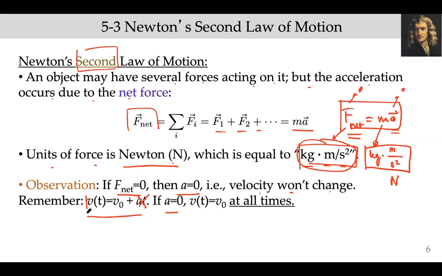So what's left is only this part. So if acceleration is zero, that means whatever the initial velocity is, the velocity at any time will be exactly the same. Because if there's no acceleration, positive or negative, then the velocity will always be equal to the initial velocity.